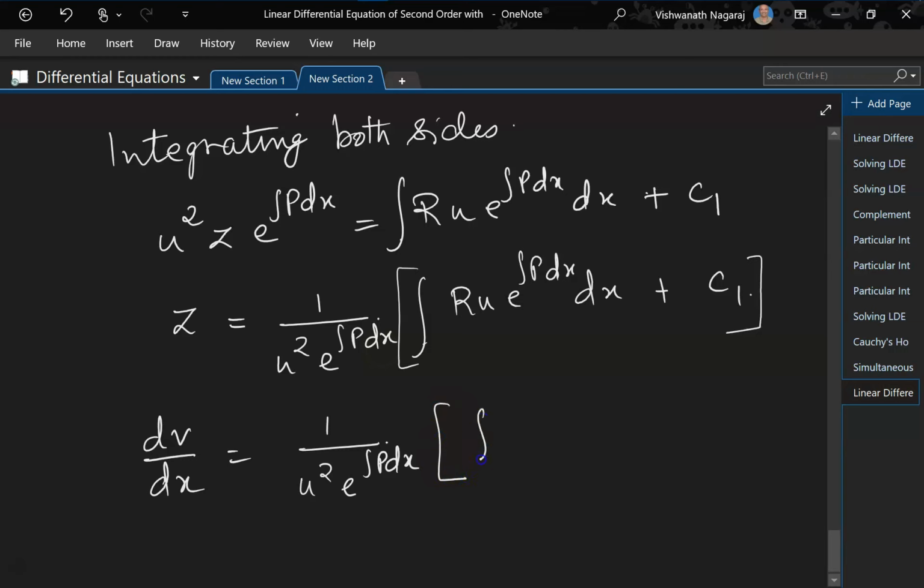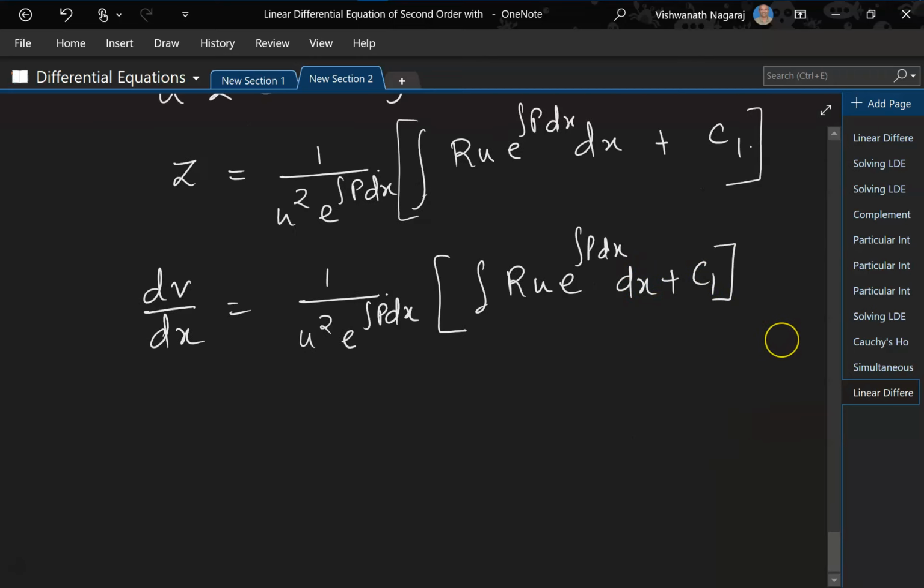So the integral of r u e to the power of integral of p dx dx plus c1, and once we have done this, we have got dv by dx. Now what we actually want is v. Remember, y is equal to uv, and u is known, so we have to figure out v, and that we can get by integrating again.